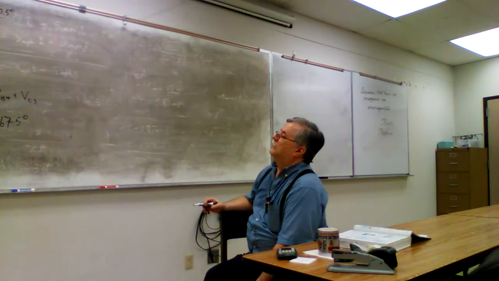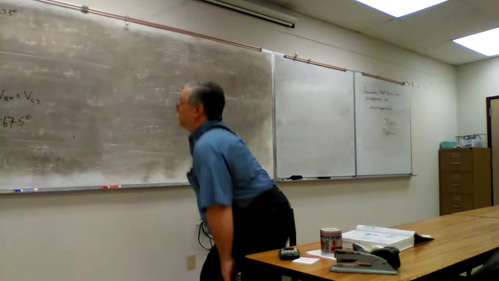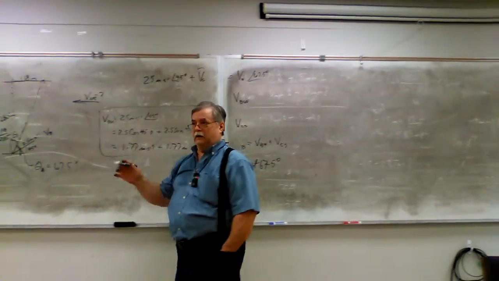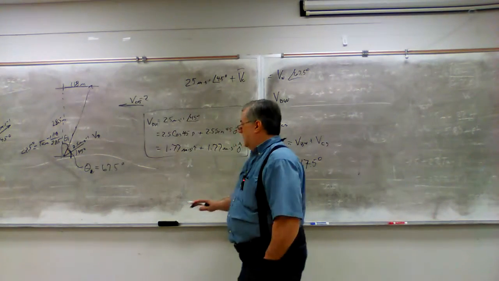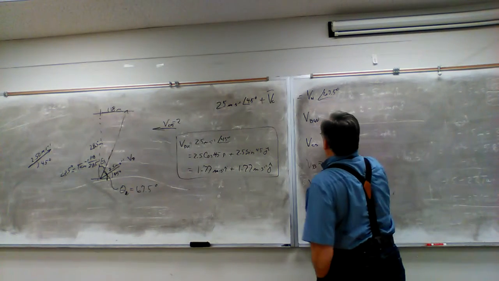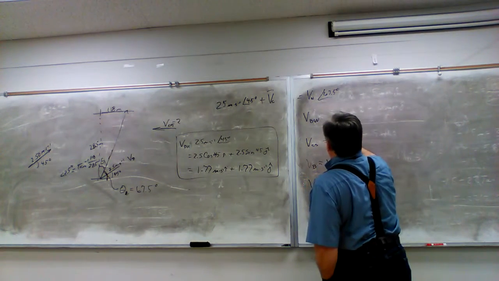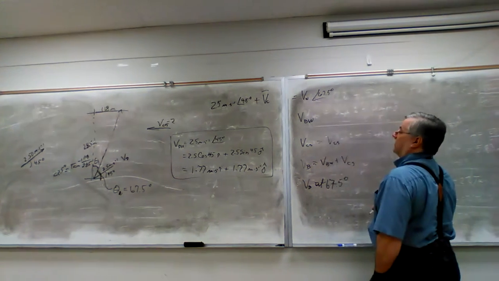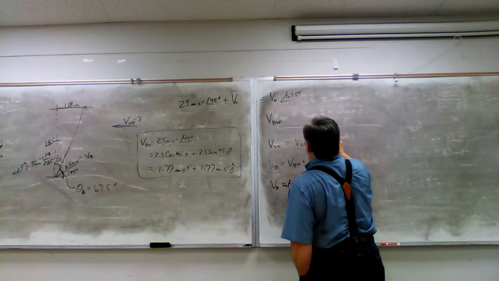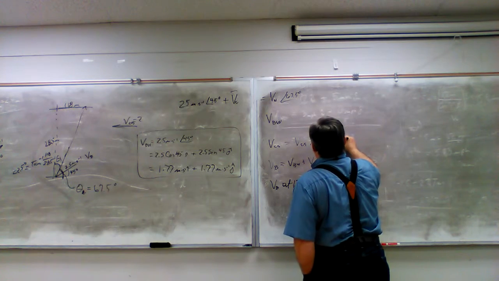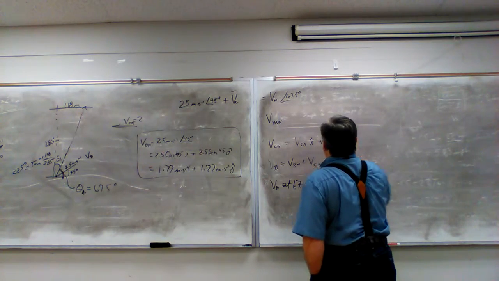1.77 meters per second, because we know, okay, follow with me here. We know that the velocity of the current is going to be the velocity of the current relative to the shore, I, plus 0j. All right?